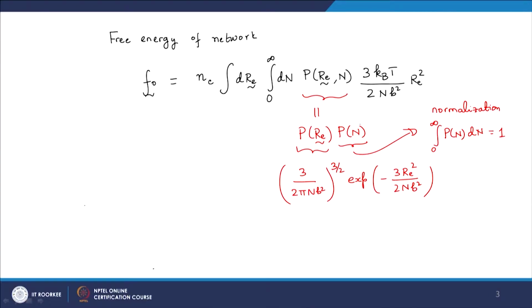So, if we think of a deformation in the material, the deformation will result in changes in the RE of individual strands.